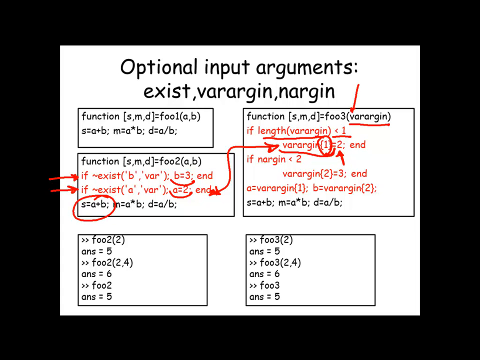Since this function foo3 does not have any named input arguments, everything will be captured in varargin. So using the value of nargin is the same as using length of varargin. If less than 2 inputs have been provided to this function, that means the second input has not been provided. And if so, we set the second element of this cell array, of this varargin variable, to become 3.